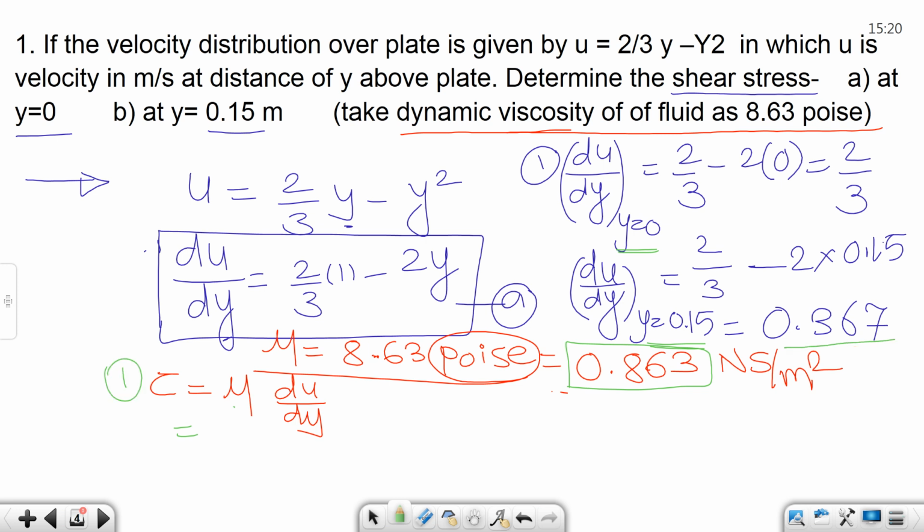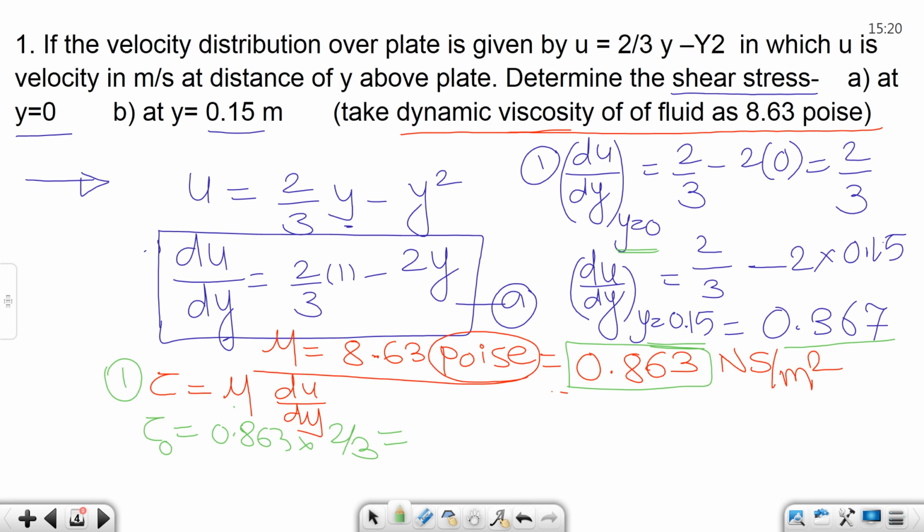So first part: tau is equal to 0.863 into du by dy at y is equal to 0. So I'll say tau 0 is equal to this 2/3.